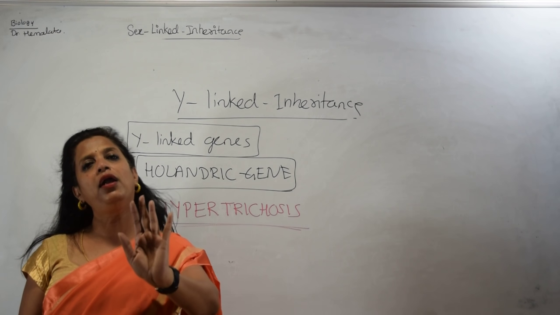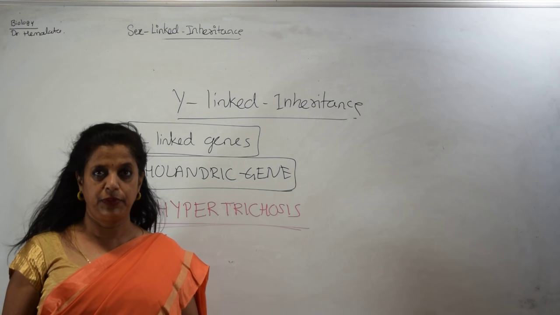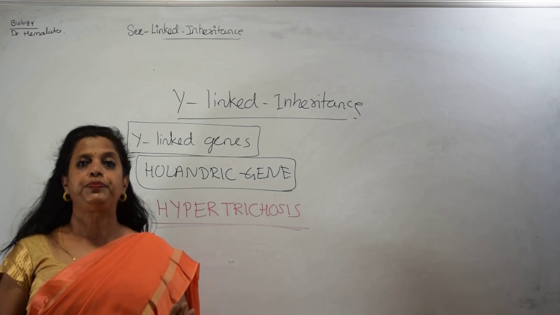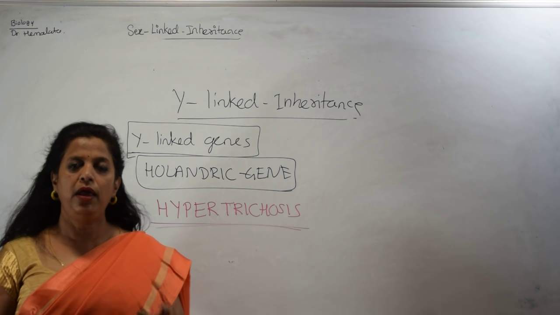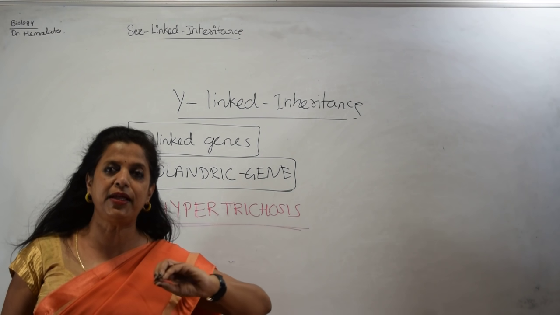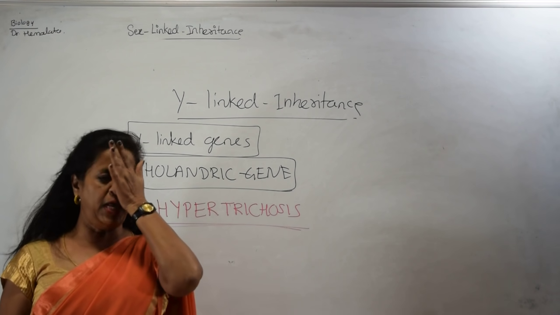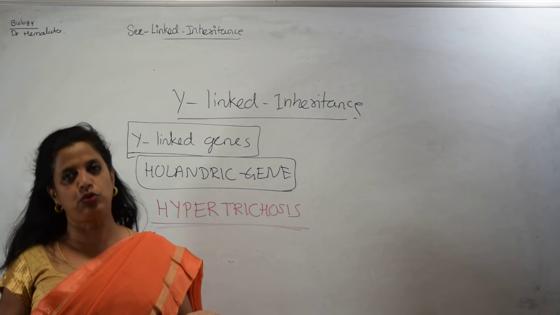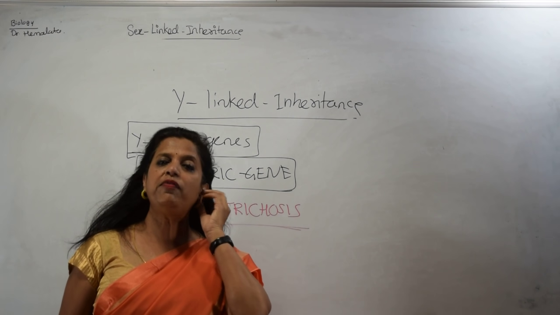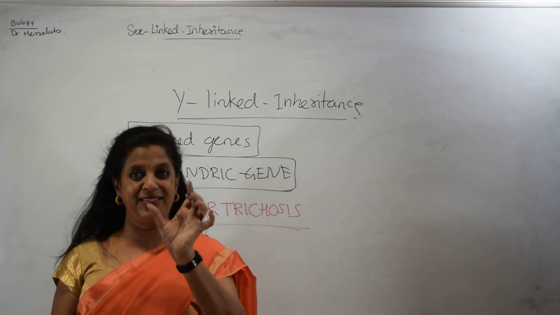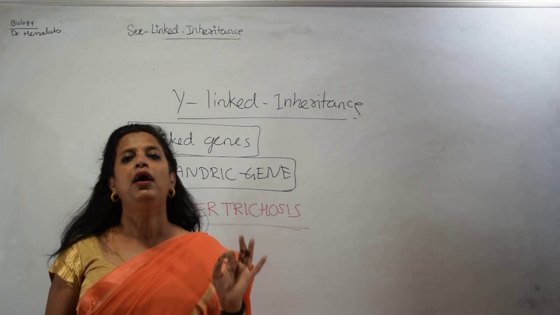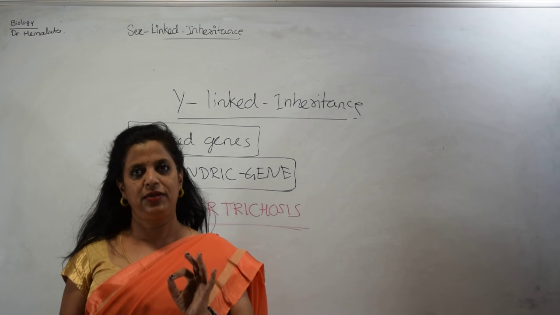This character is called hypertrichosis. A child will not bear the hair; it is a late secondary sexual character that happens normally after 25 only. The development of hairs in the external ear pinna, this sentence you should write, is called hypertrichosis.